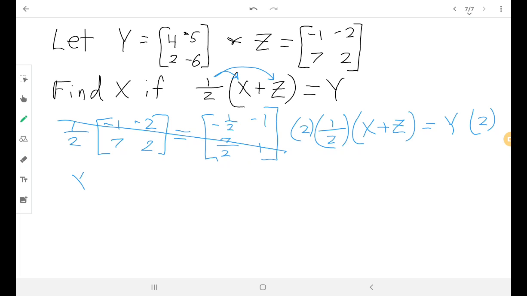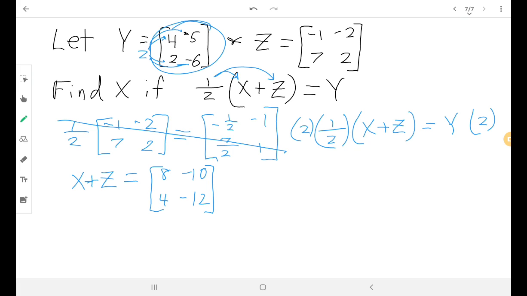So I would have matrix X plus matrix Z, and then if I just go up to Y and distribute a 2 to everything, then I can write the 2 times Y matrix, which will be 8, -10, 4, and -12. Okay?